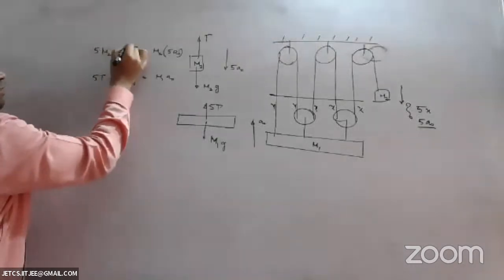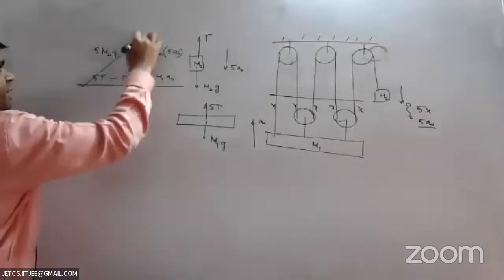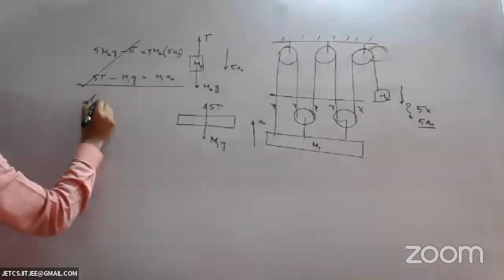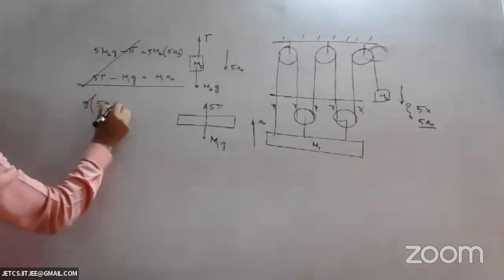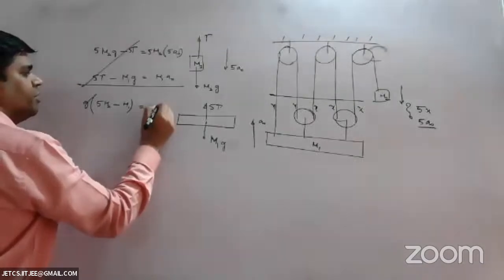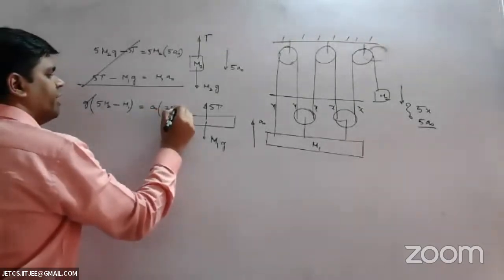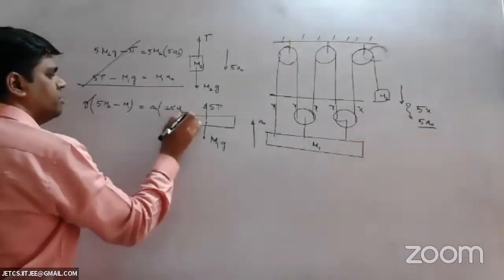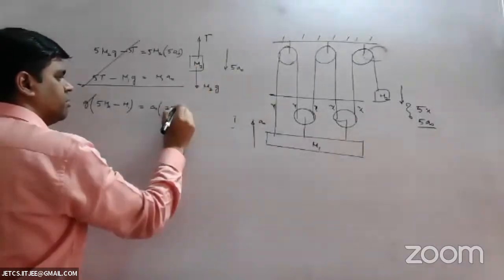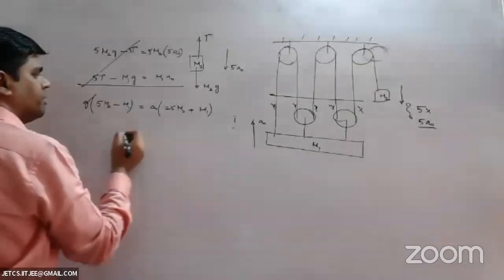I multiply this equation with 5, add these two equations, so 5T gets cancelled out. So I'll have G times of 5M2 minus M1 is equal to A naught times of 25M2 plus M1.